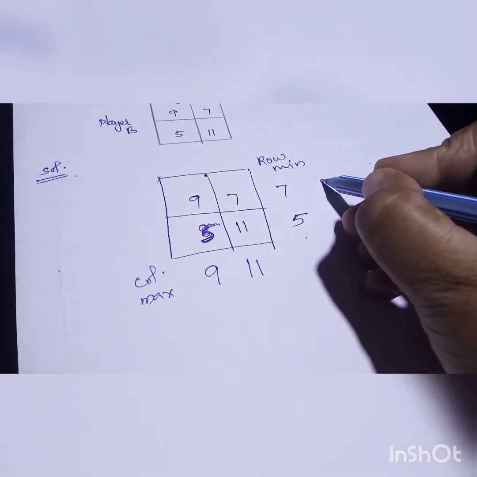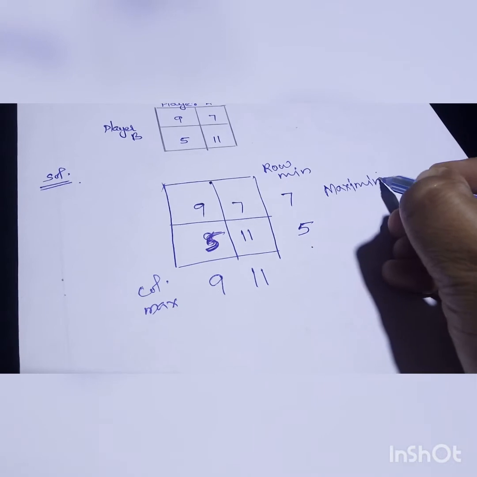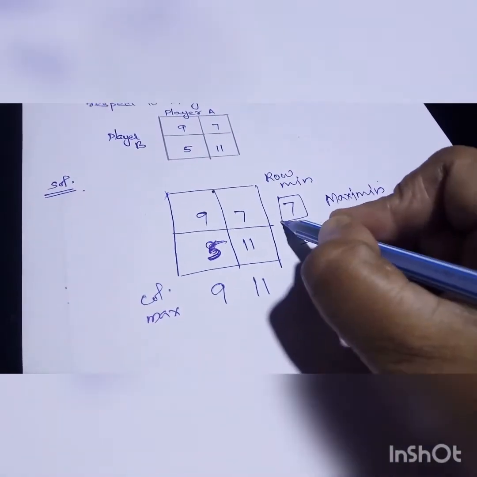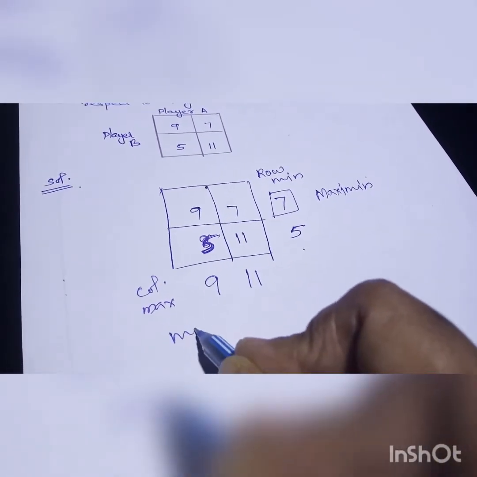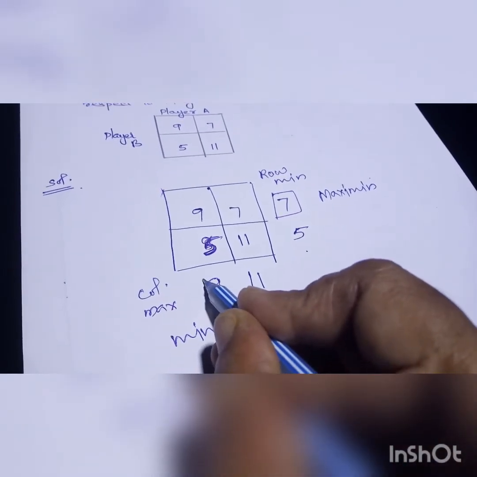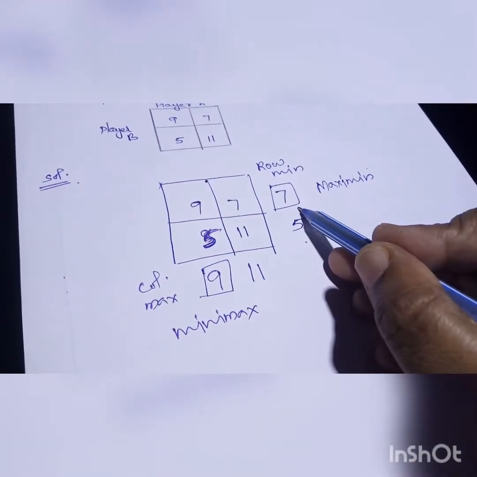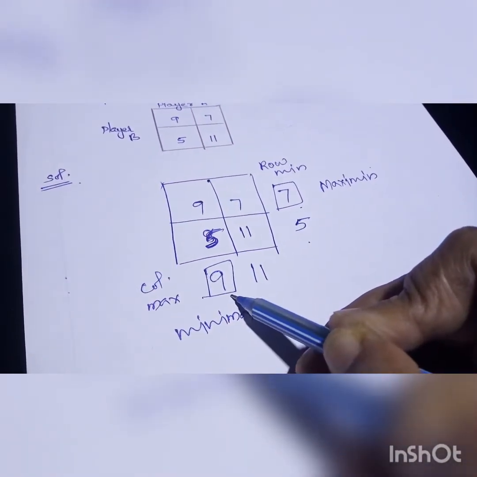Now find the maximin value. Maximin value is 7, and here you find the minimax value. Minimax value is 9. Now check whether the maximin value is equal to the minimax value.